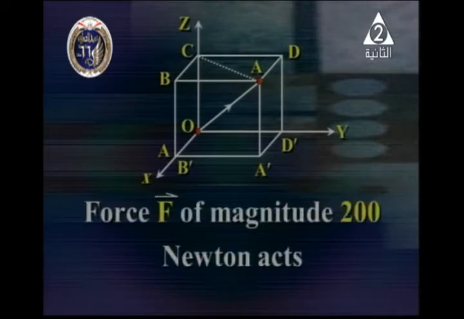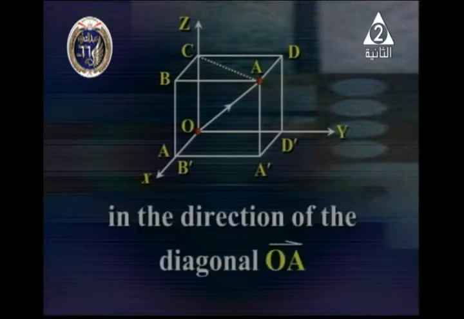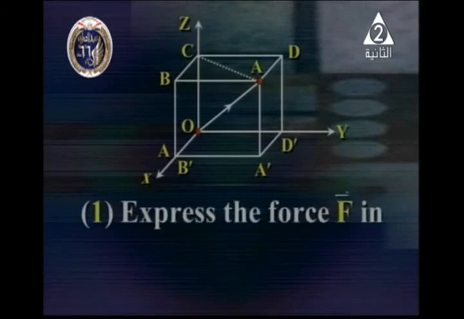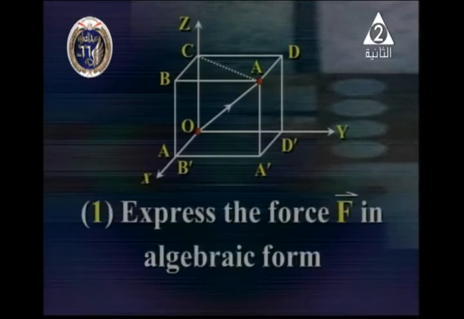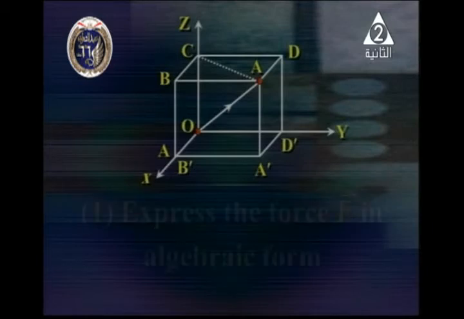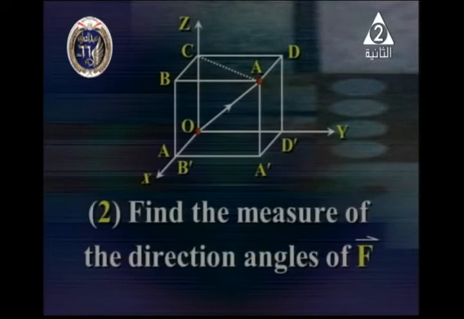Force F, magnitude 200 newtons, acts in the direction of diagonal OA. What is required? Express the force F in algebraic form. Remember, the force acts along diagonal OA. Second, find the measure of the direction angles of the force.